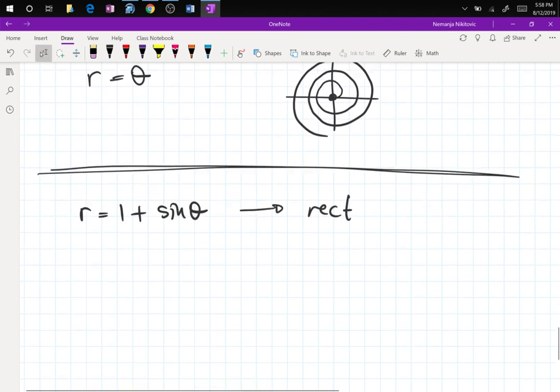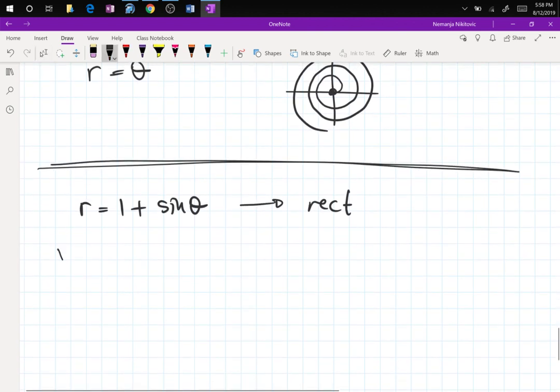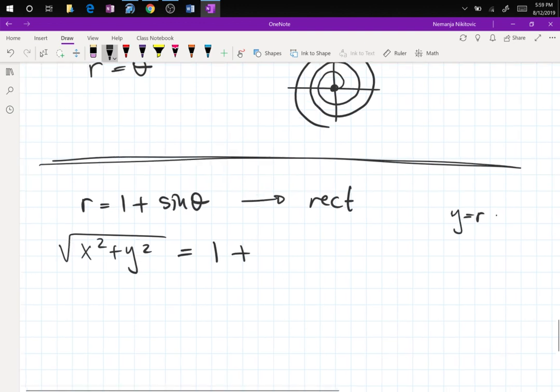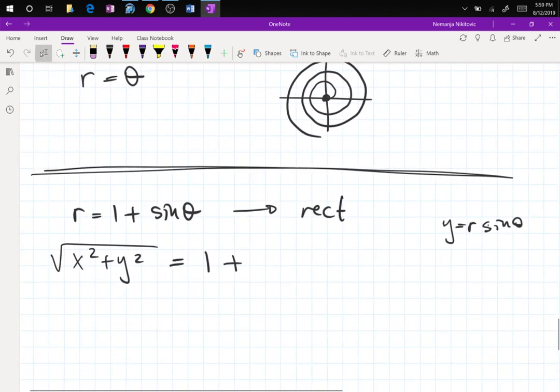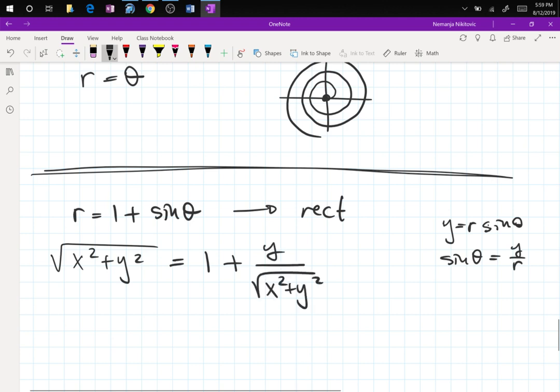So say you take this cardioid, R equals 1 plus sine theta, and you convert to rectangular to see what it is. Well, R was given as the square root of x squared plus y squared, equals 1 plus. Now, if you remember, y was R sine theta, right? So sine theta is y over r, and r is the square root of x squared plus y squared.